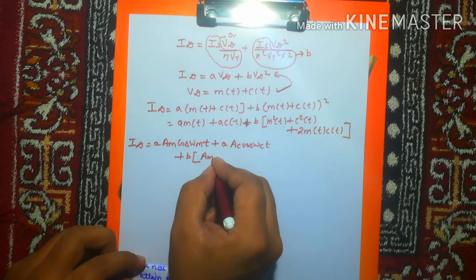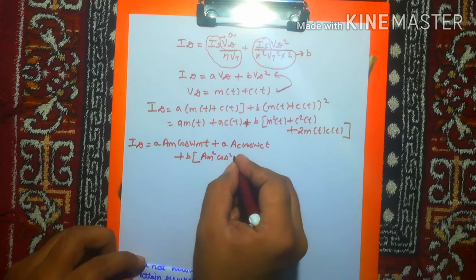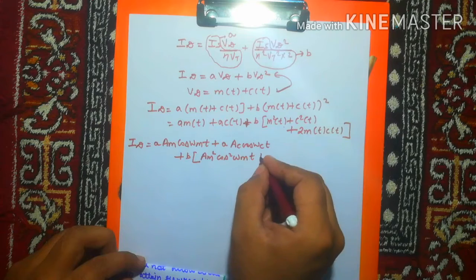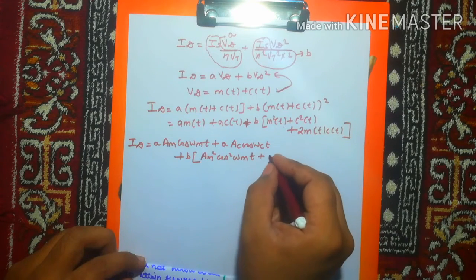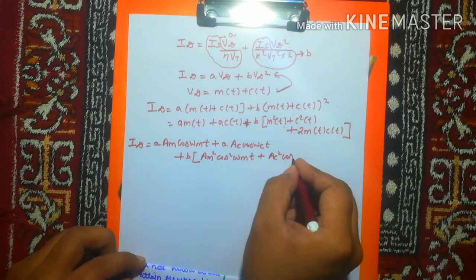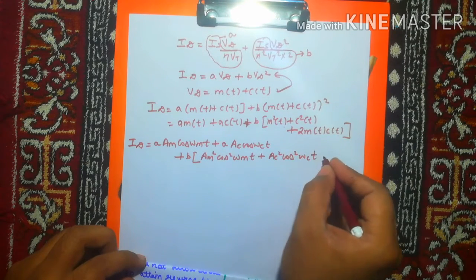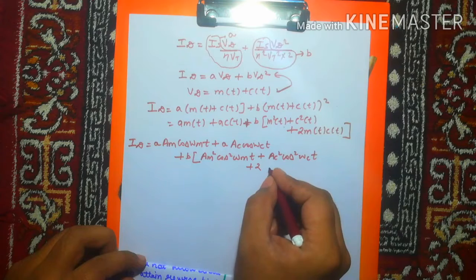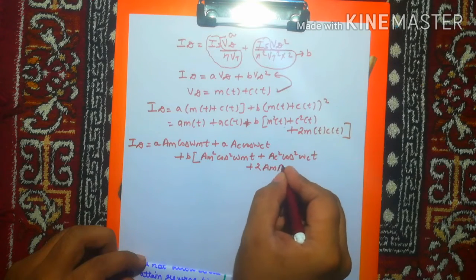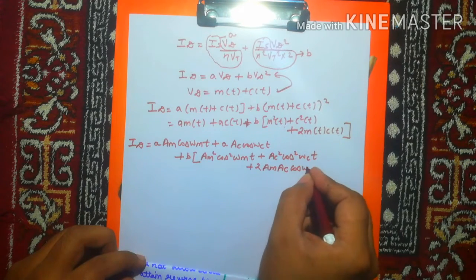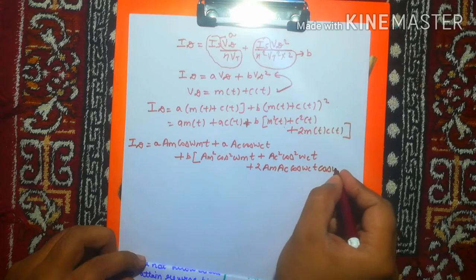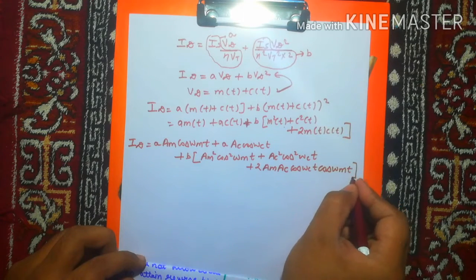M square T is Am square cos square omega m t. How do you write C square T? Ac square cos square omega c t plus twice of Mt Ct, Am Ac cos of omega c t cos of omega m t.